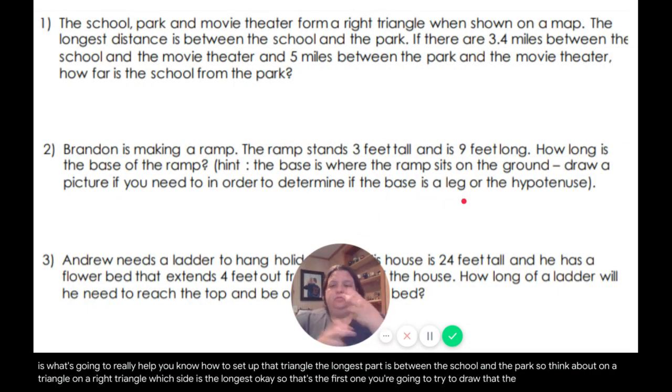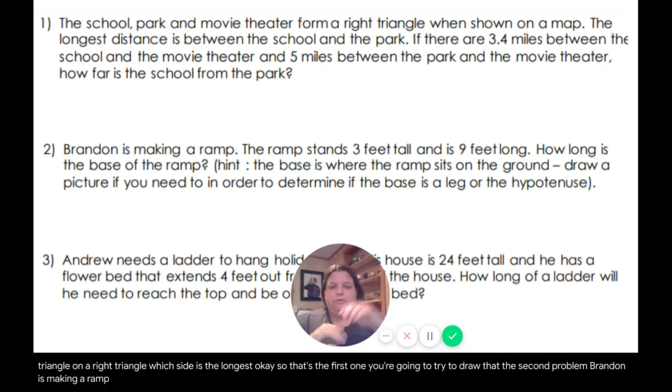The second problem, Brandon is making a ramp. The ramp is 3 feet tall and 9 feet long. How long is the base of the ramp?